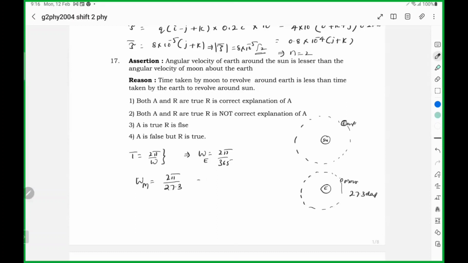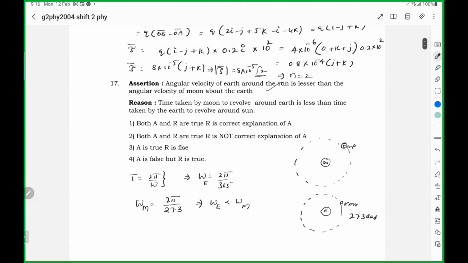It is obvious that the angular velocity of Earth will be less than the angular velocity of the Moon. The denominator is small, so that will be more. So obviously the first option is correct. The time taken by the Moon is 27.3 days, compared with 365. Obviously the reason is also correct.